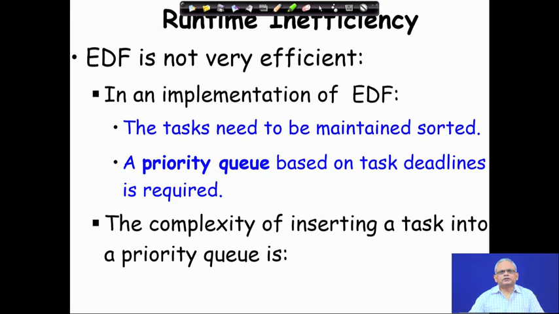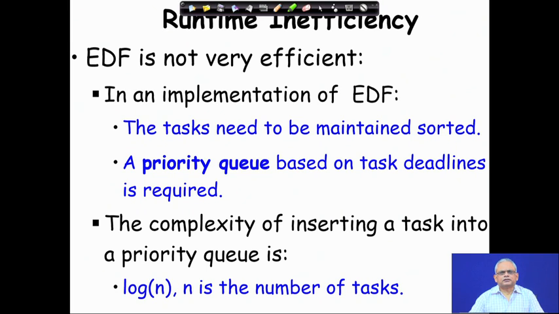If you look into the complexity of inserting into a priority queue, you find that it is O(log n). So, even though it is a better structure than a singly linked list, a linear queue, still log n is not a very desirable time complexity for a scheduler. Therefore, we can say that EDF is not really very runtime efficient.